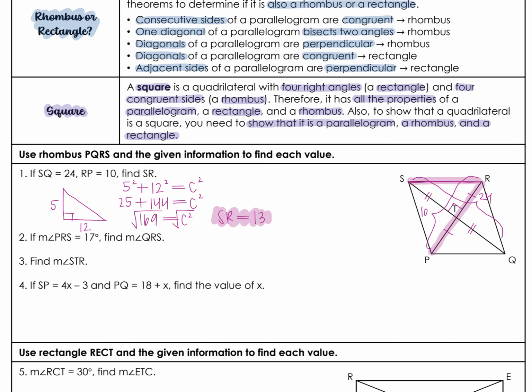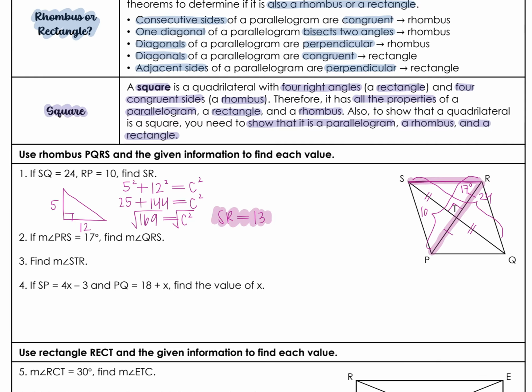This angle here is going to be 17 degrees. Okay, so if I'm looking for QRS, QRS is going to be the entire angle. And so if we remember, the diagonal is going to bisect that angle, and so I can double it to find the whole angle.